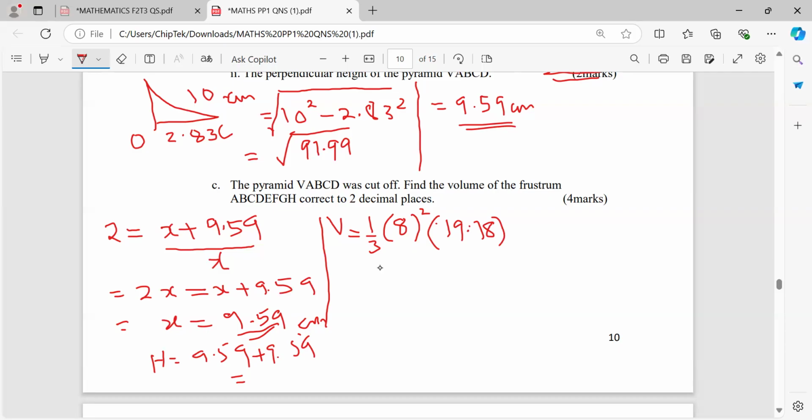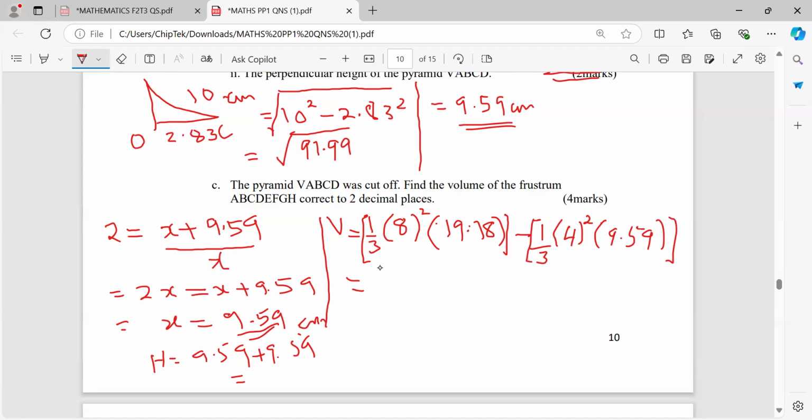Sawa, alafu subtract na ile smaller pyramid, so I add times any area square or square times height yako 9.59. So this is the larger pyramid and this is the smaller pyramid.